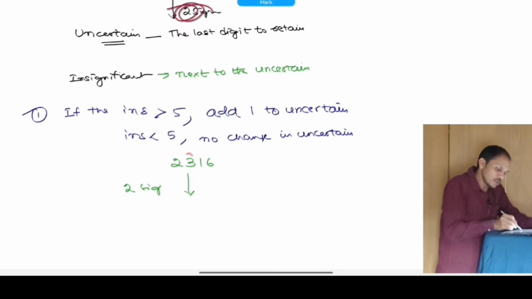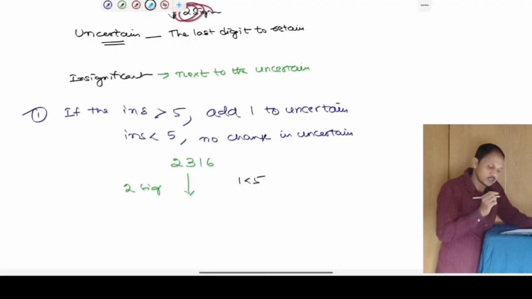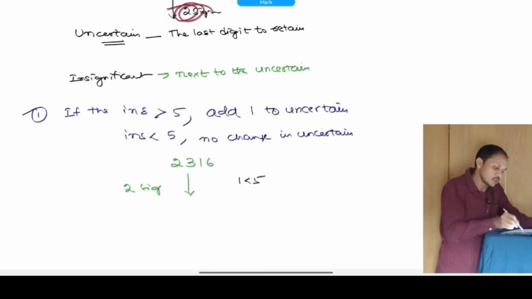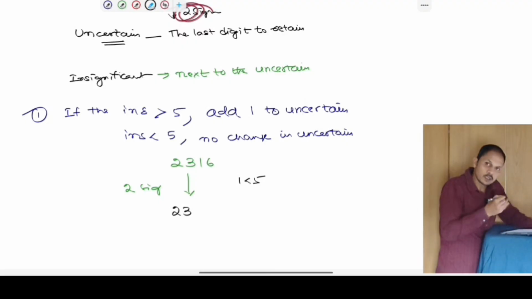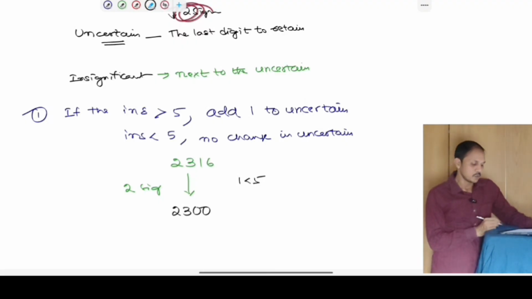Uncertain is 3, insignificant is 1, and insignificant 1 is less than 5, right? So what should I do? No change in the uncertain. So now the value becomes 23, 3 will not change, and the remaining are replaced by 0, 0, right?